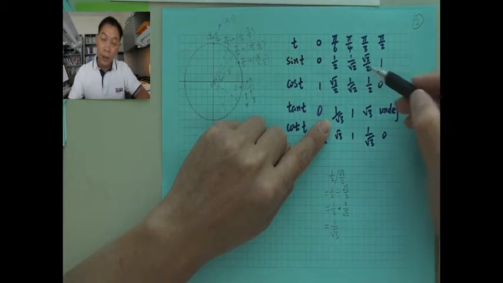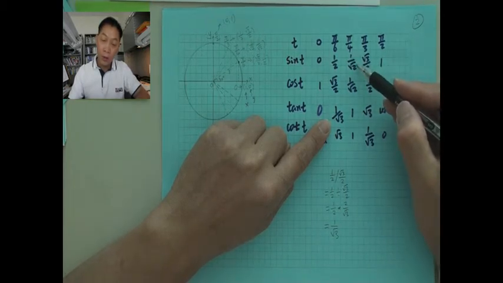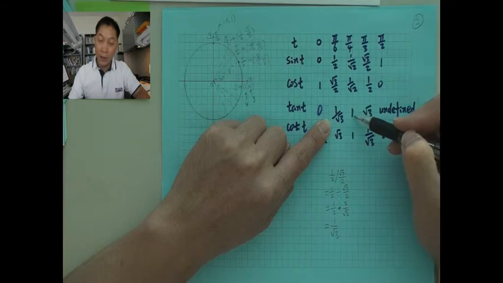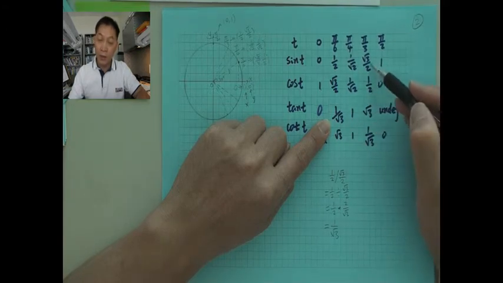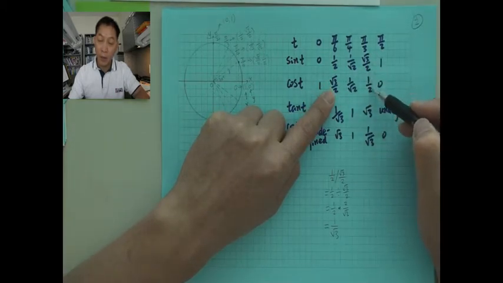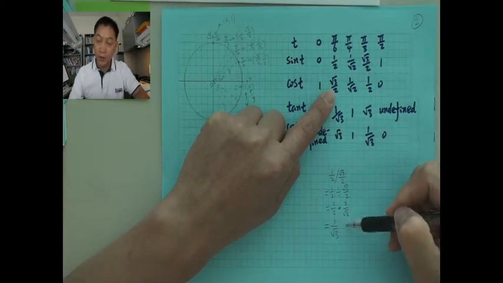Okay, 1 over radical 2 divided by 1 over radical 2, that's y over x. Okay, and then that's 1. They are the same. That's 1. This one is similar. Radical 3 over 2 divided by 1/2. You can do the similar thing.